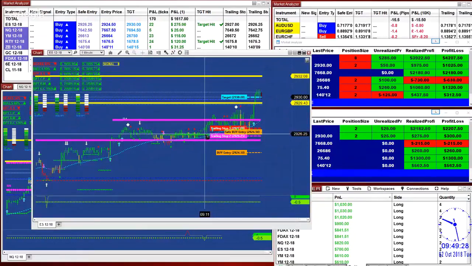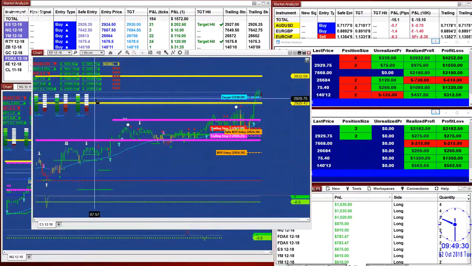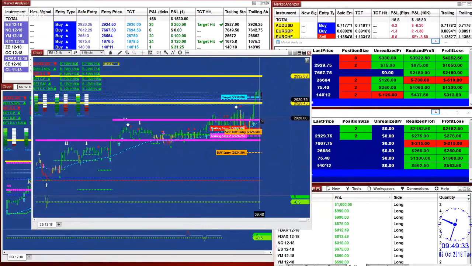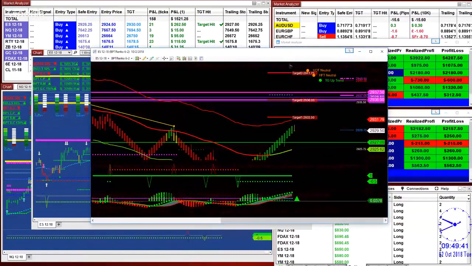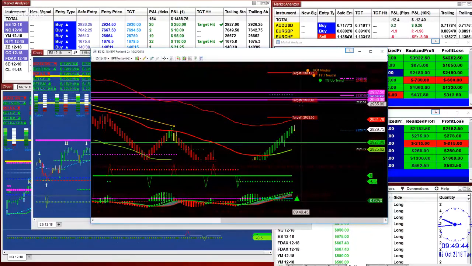There is a good potential for that ES pulling back to this area here at 28, and I will let you know for a re-entry. Or if this market gonna go farther up, then we're gonna nail it on the short.